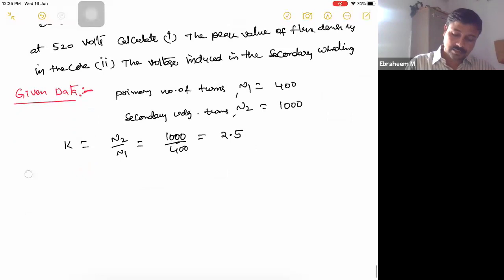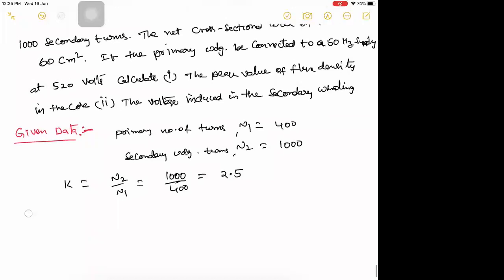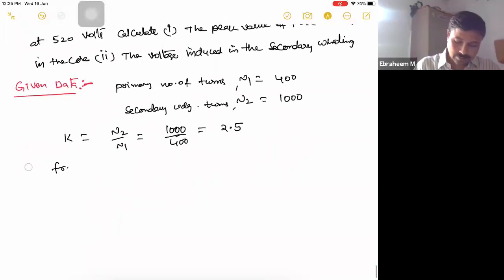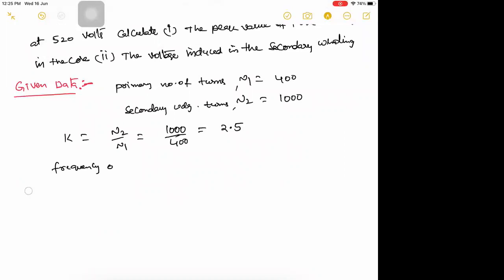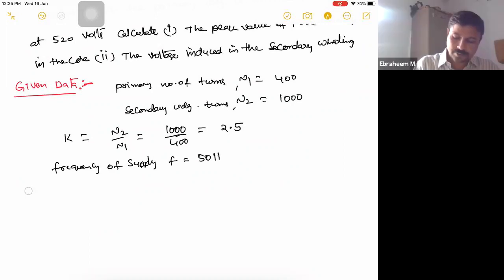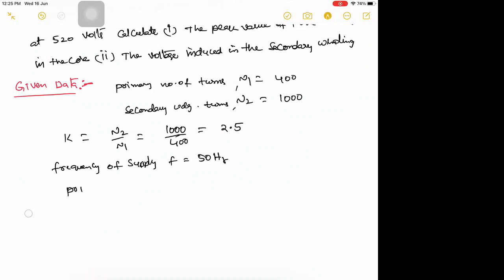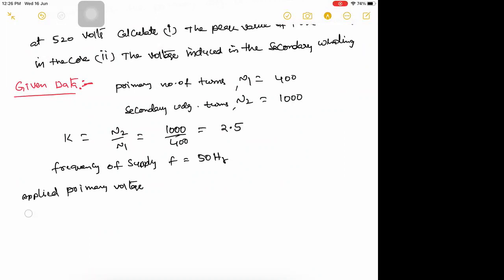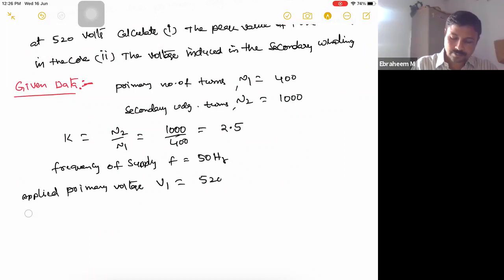Other data given: the primary winding is connected to a 50 hertz supply. Supply frequency f is equal to 50 hertz and the voltage is 520 volts, the primary voltage applied. Applied primary voltage V1 is equal to 520 volts.